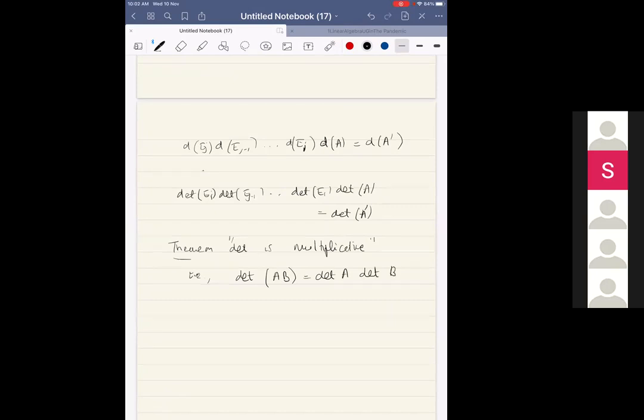Sir, for proving proposition 8.3, are we supposed to use only theorem 8.2? Not theorem 8.2, properties 1 to 3. Yes, sir. So we're supposed to use only that, right? Only that. We assume that a function D is given which satisfies properties 1 to 3, and then we prove the proposition.